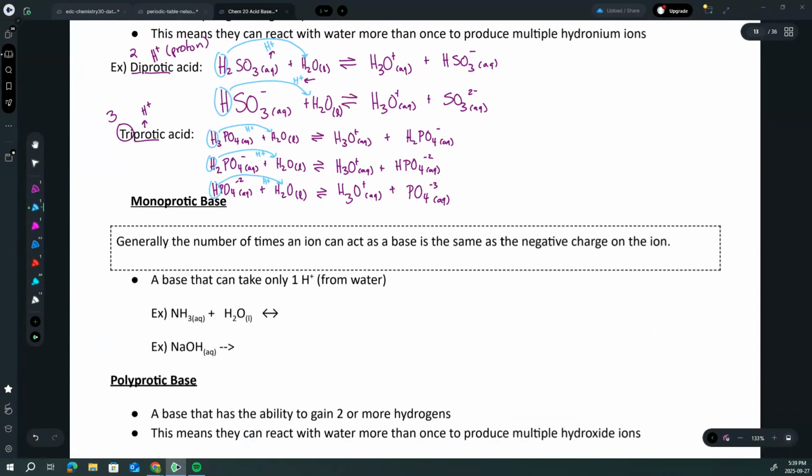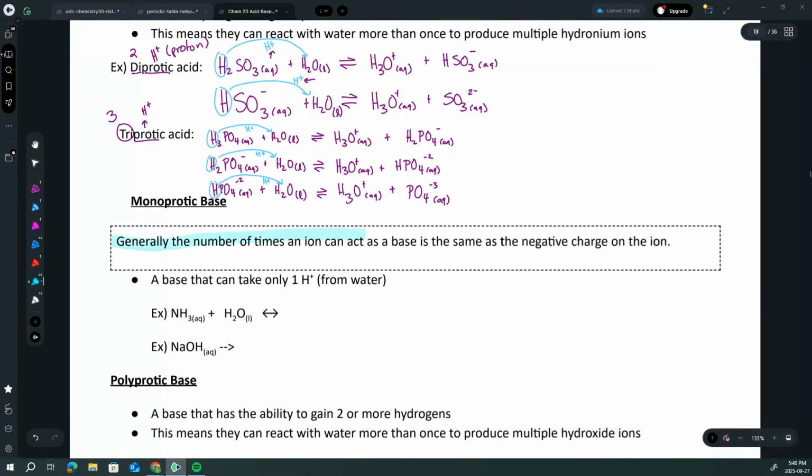For bases, so remember bases, you're running towards home base in baseball, so bases accept hydrogens. Or another way to look at it is that your protons are going to go towards the base.